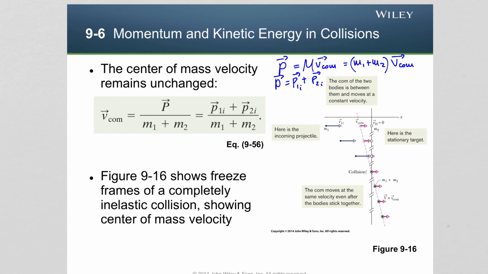And here we have a plot of the velocity of the center of mass as the system of particles initially is in a configuration where there is no collision, and the first particle approaches the second particle, they collide right here, and then they continue to move as one object. And so as you can see, the velocity of the center of mass remains unchanged, it remains constant. Again, this is because there is no external net force applied to the system. The forces in the system here are only internal.